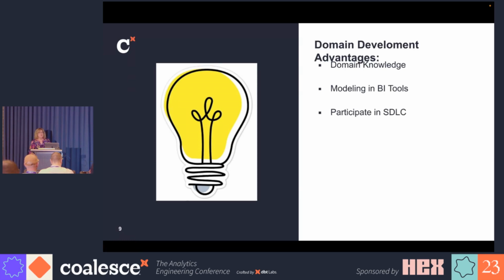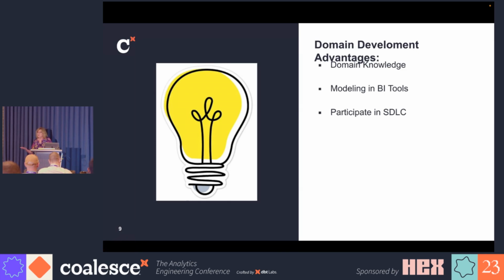And also, if they're doing DBT development or modeling the data themselves, they take that knowledge into the BI tool. And we've seen with Looker as our presentation layer now, we're seeing a lot of back and forth with Looker and DBT developers, because it is a back and forth.